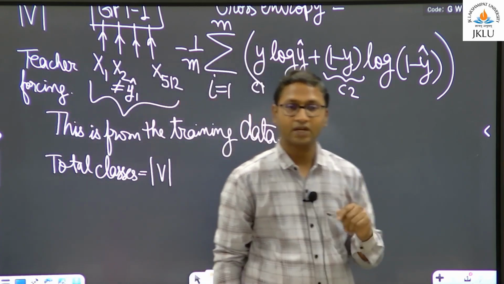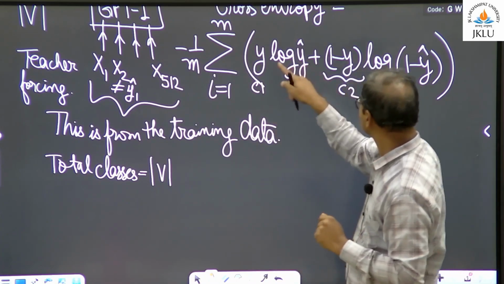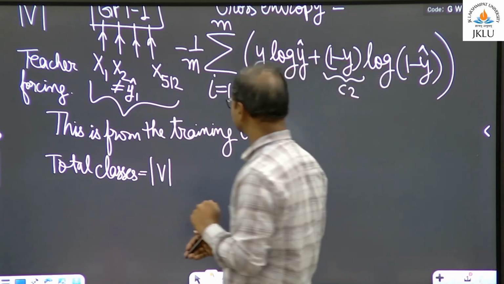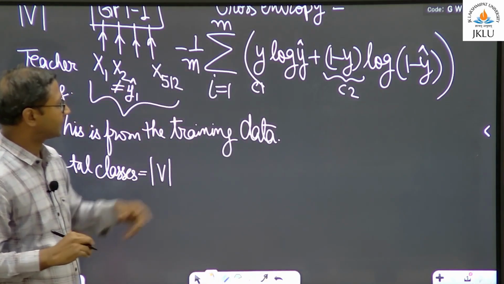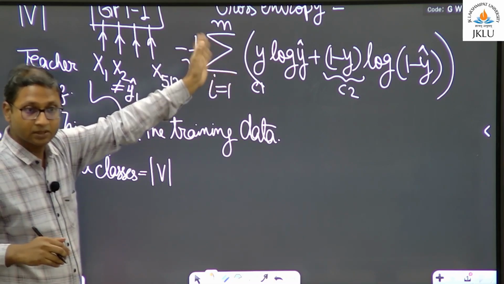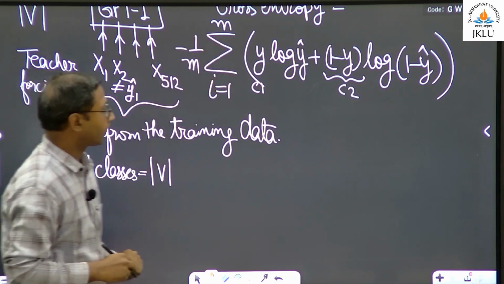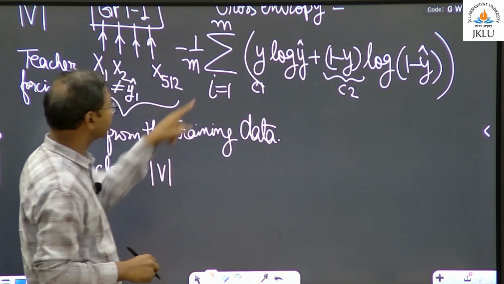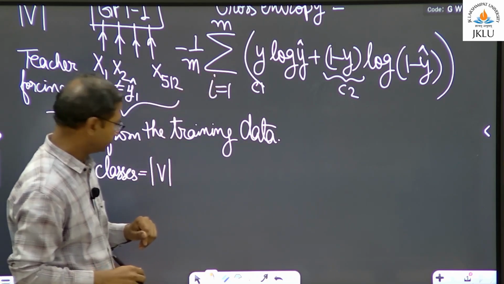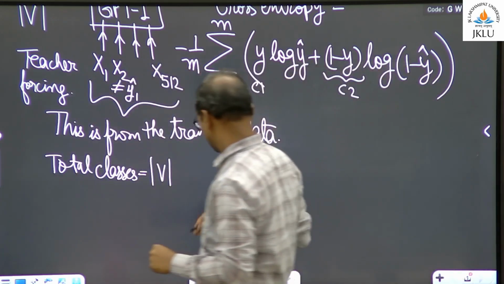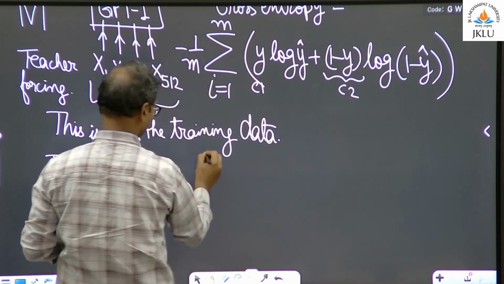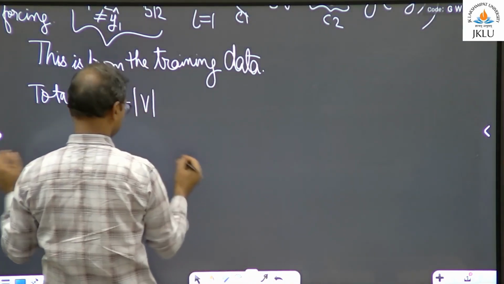So, you have mod V classes. How will this thing look like? And here I had just examples. So, how will this thing look like now? Remember, we did something like this.